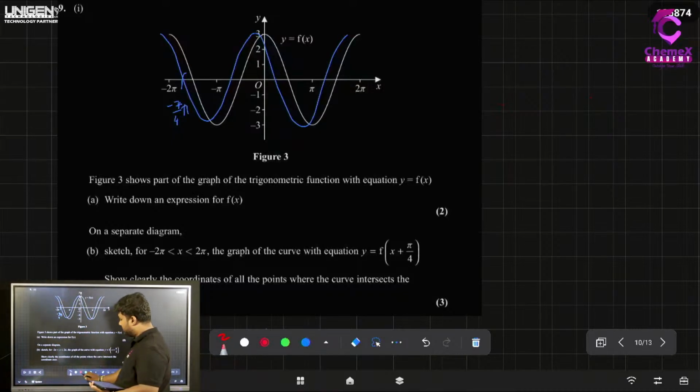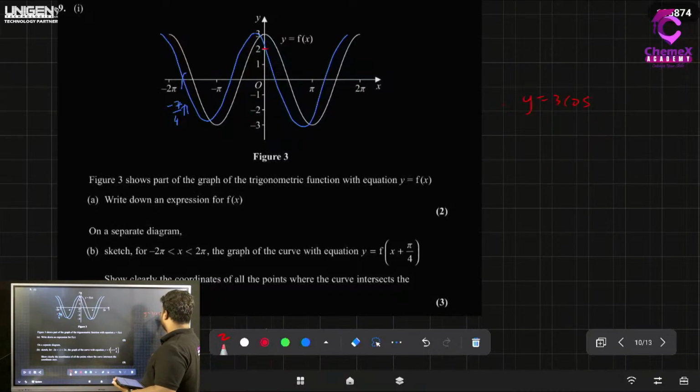Okay. Then what's this place? You can find it actually. Because if y equals 3 cos of x plus pi over 4, when x is 0, what is it? Cos pi over 4.